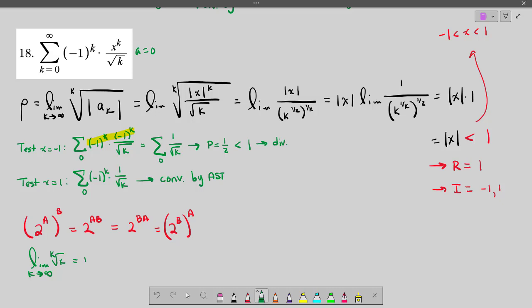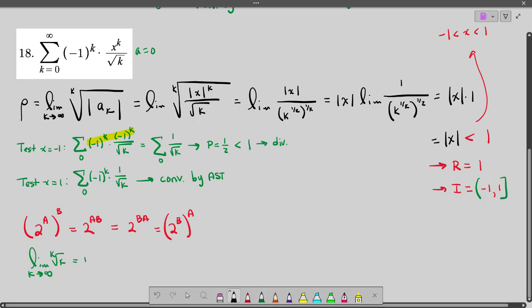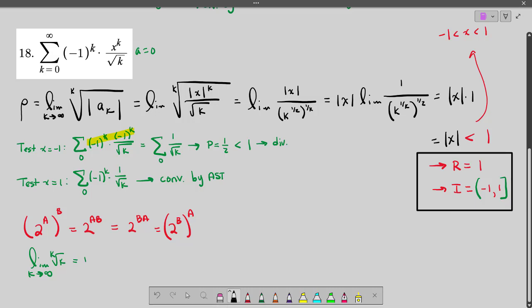So that tells us, let's see, on the endpoint of -1, we had divergence. And the endpoint of +1, we had convergence. So that is our conclusion then. Radius of convergence and interval of convergence.